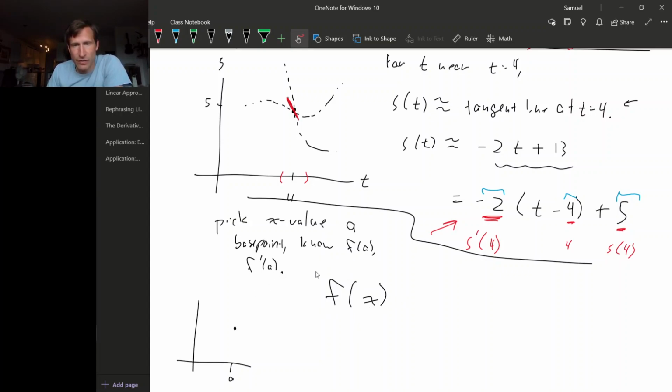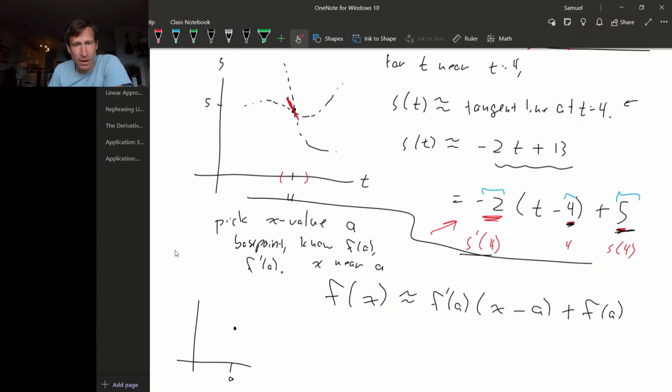And then for x near a, we can approximate the unknown function with its tangent line, which is, right, we need the derivative at our base point, so that's f prime of a times x minus a, plus the value of the function at the base point, f of a.